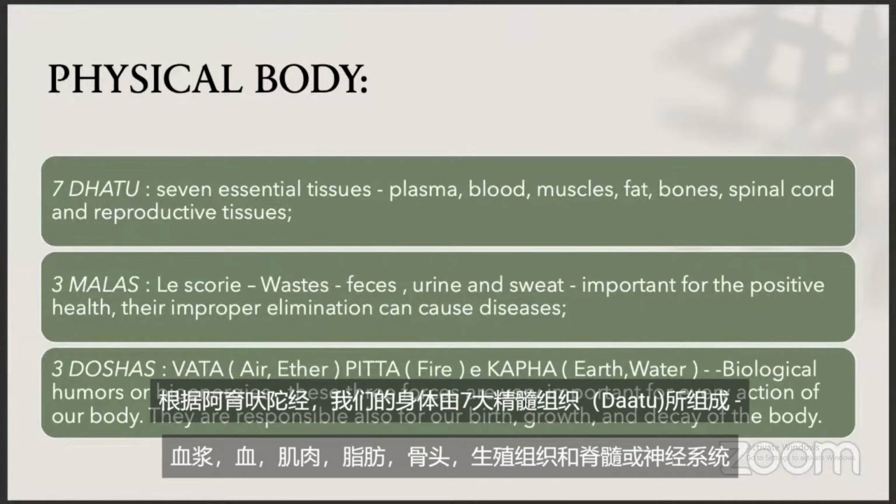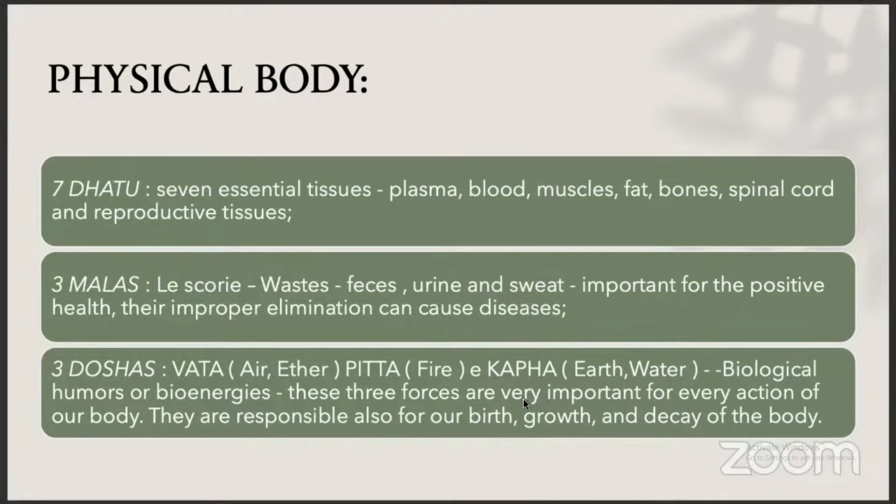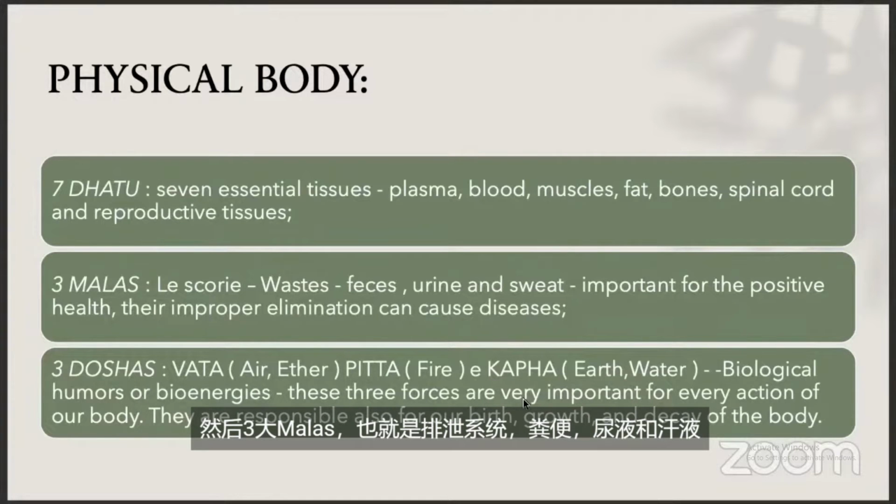According to Ayurveda, our physical body is made up of seven dhatus, seven essential tissues: plasma, blood, muscles, fat, bones, reproductive system, and spinal cord or the nervous system. Then three malas, the waste products: feces, urine, and sweat.